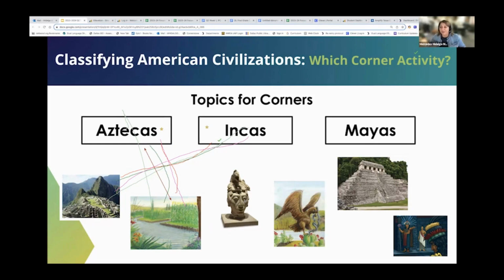Or which corner would you like the kids to go to? Thank you, John. Yes, Rocio. Perfect. Exactly. So if we give them this card, or even if we just project it, we would want them to walk to this other corner, because this is El Rey Pacal and this is in the Mayan. Okay, let's do the fourth one.